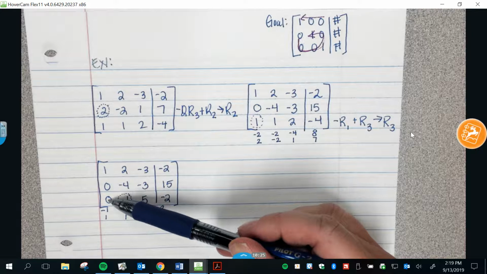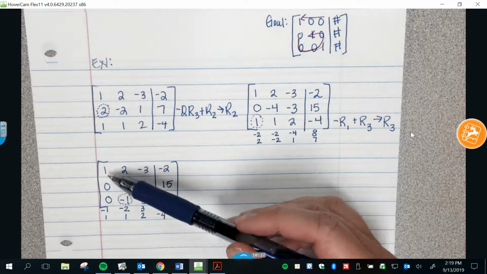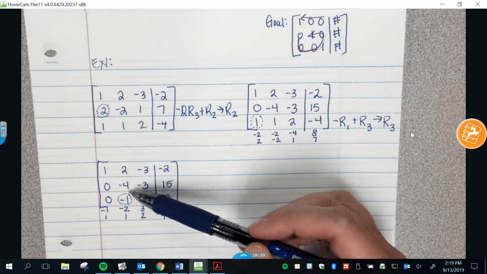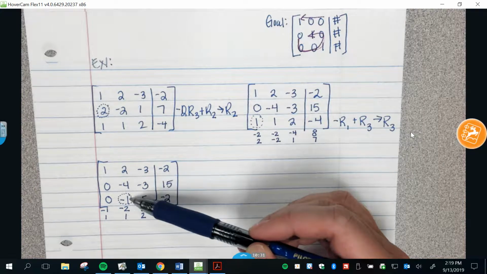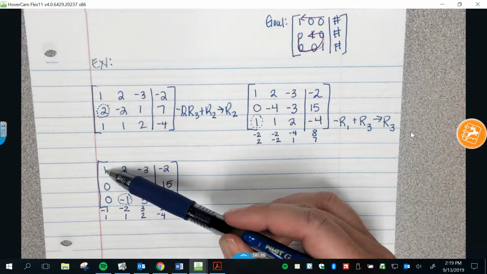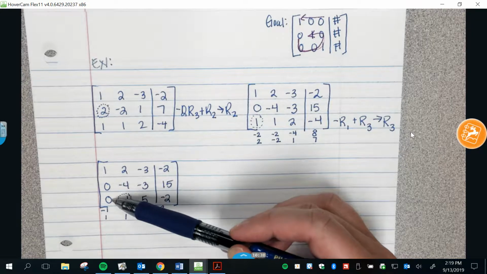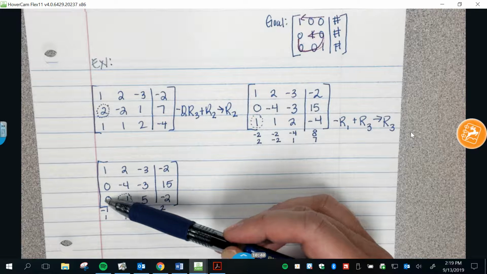And I worked really hard to make that a 0. So I can't. You could change the bottom one, but if I add it with this one, I'm going to put a number here, and I don't want to do that because I worked really hard for that 0.